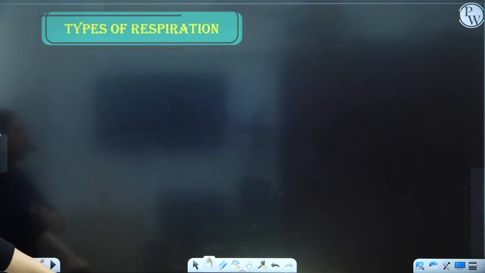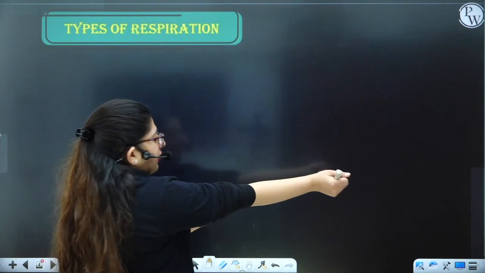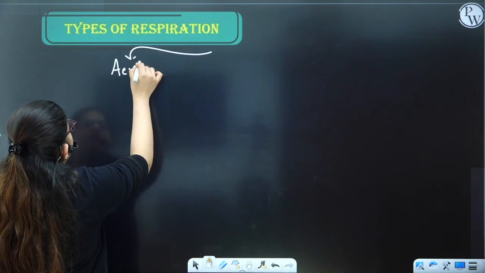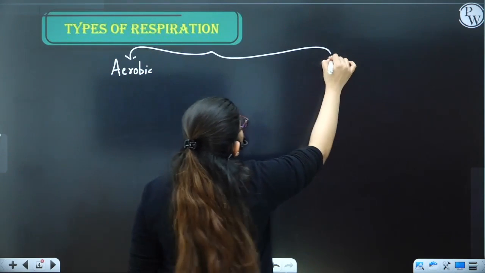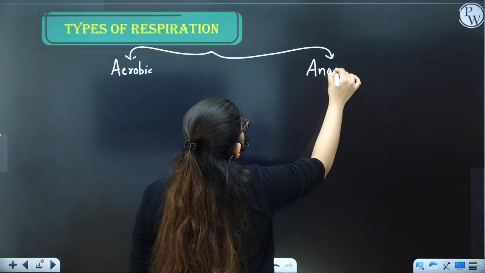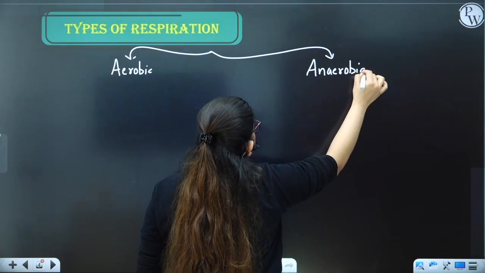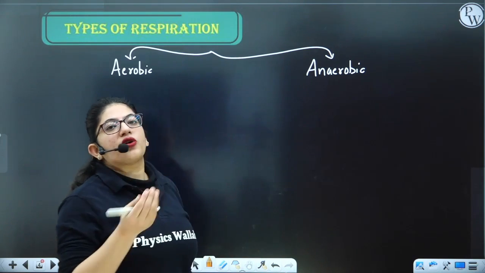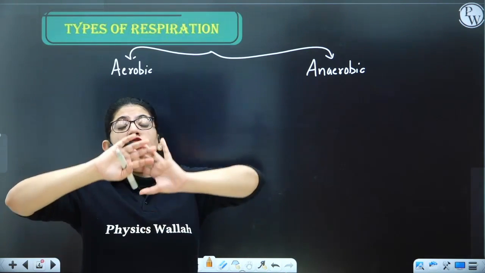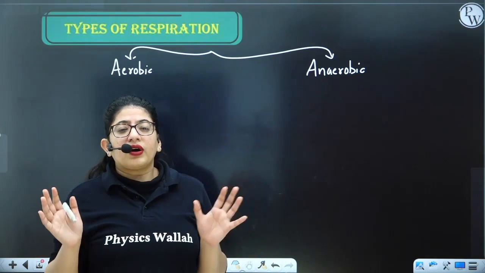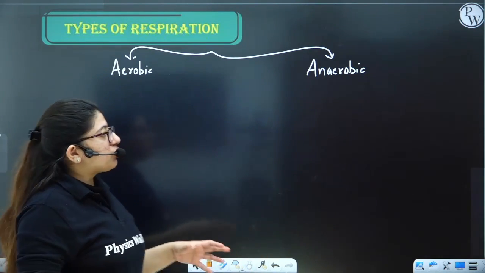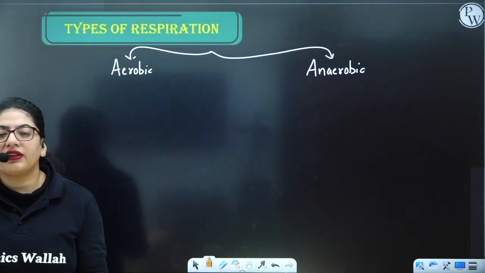Next, another type of respiration. So again there is another category. What is this? Aerobic and anaerobic. You must have heard of it. In anaerobic, the respiration takes place in the absence of oxygen. That means if there is no sufficient oxygen, the organism will respire in a certain way. If there is oxygen, it will respire in another way.